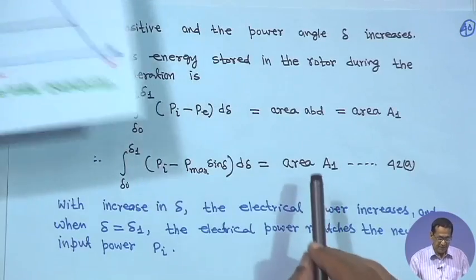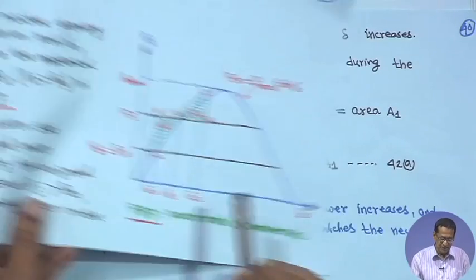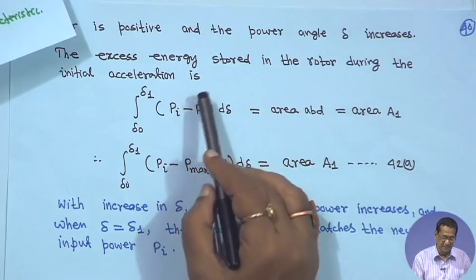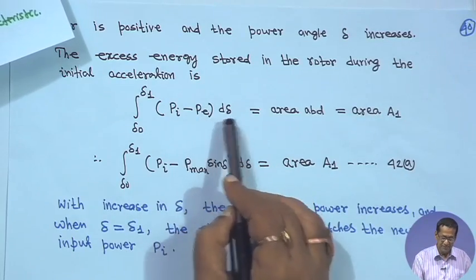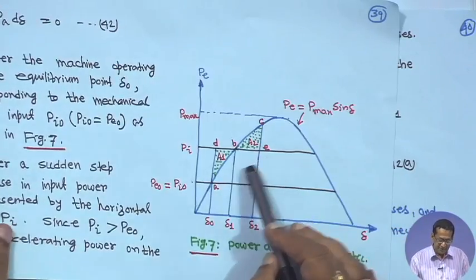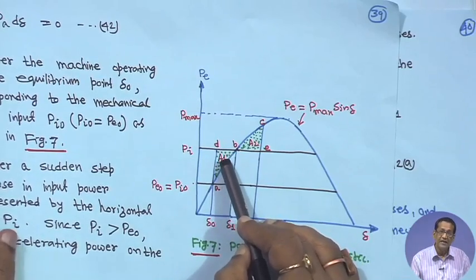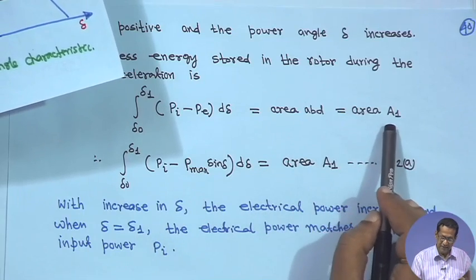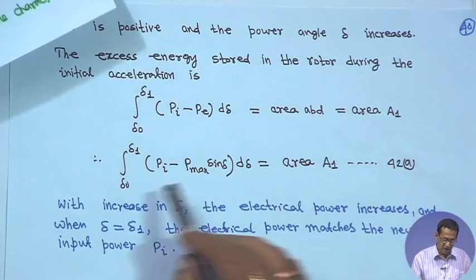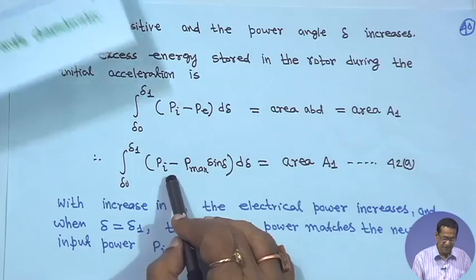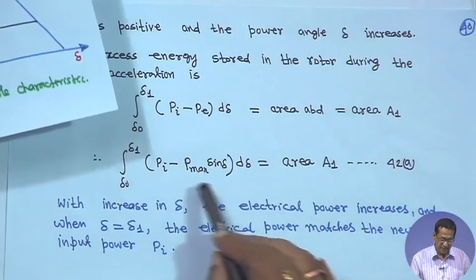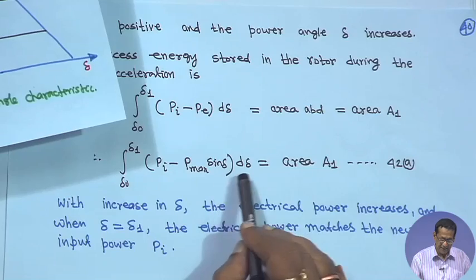Whenever δ goes from δ0 to δ1, the excess energy stored in the rotor due to the initial acceleration, Pi minus P, is the area ABD, that is this area A1. I am writing area A1 as the integral from δ0 to δ1 of Pi, and P is equal to Pmax sin δ, so we write Pi minus Pmax sin δ dδ.